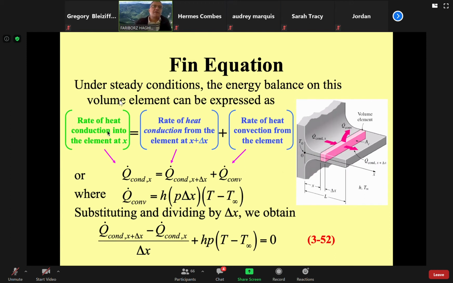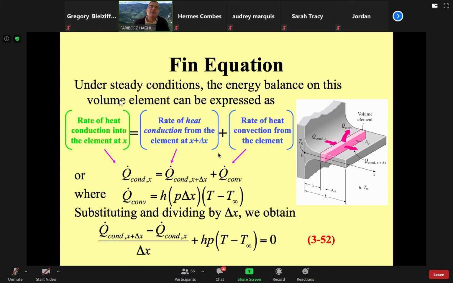And for the rate of conduction, if I take a control volume here, I'm trying to write an energy balance for this control volume. I have conduction coming in, that's my conduction, and conduction leaving this control volume. Again, keep in mind, this is a control volume, a slice of that fin, and I'm losing heat to the environment by convection.